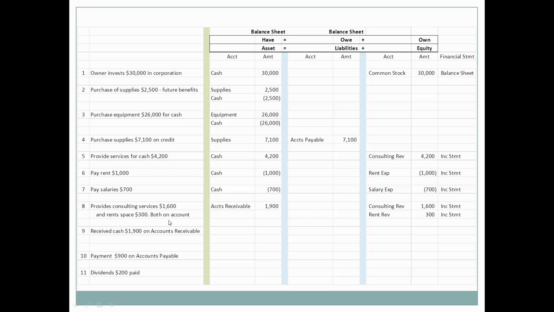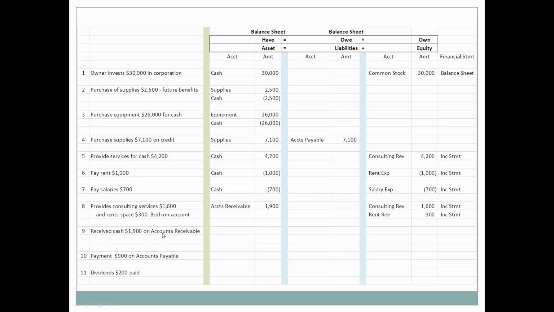However, both of these transactions were on account, meaning that we didn't receive cash for that. We received a promise to pay, which is accounts receivable. So for accounts receivable, it means that the corporation is going to receive money. In this instance, when we purchase supplies on credit, it means that the corporation is going to pay out money.